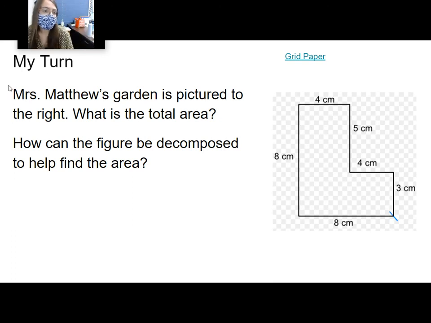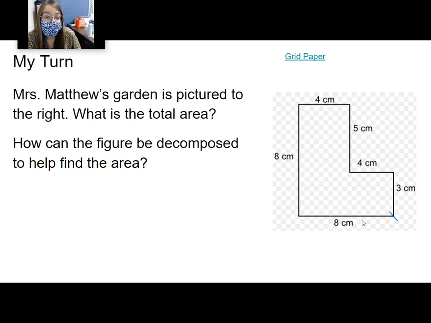This question says, Miss Matthews' garden is pictured to the right. So I know that this is a garden. What is the total area? So area, remember, keyword, area, array, multiply. So now I'm going to multiply to find the area. But, oh my goodness, I don't have just one length and one width.